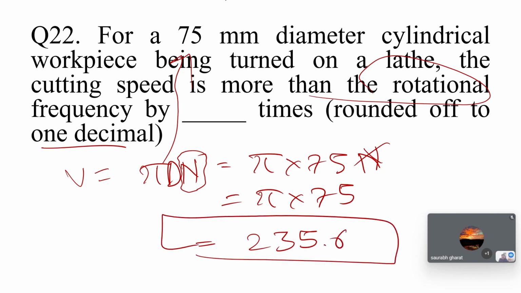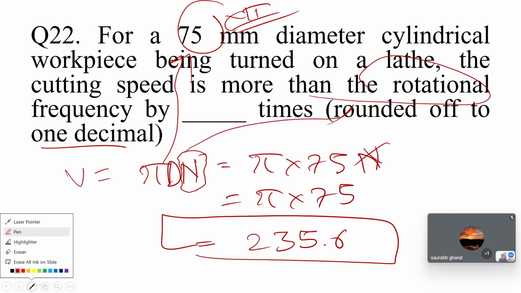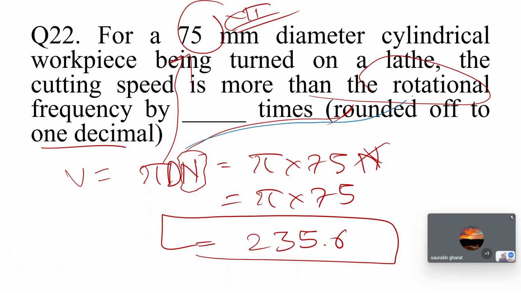Just multiply this 75 into pi and you get the answer. Because you know v is equal to pi d n, and this n is equal to the rotational frequency. So ignoring the rotation frequency, only this is your answer.